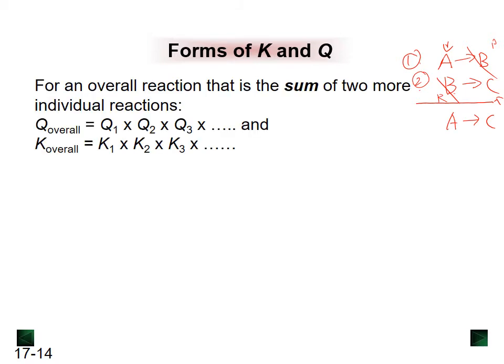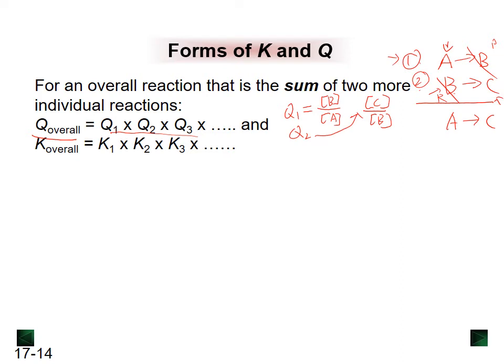For this kind of overall reaction, the reaction quotient should be the multiplication of the individual reaction quotients. For example, Q1 for the first reaction is product B divided by A. In the second reaction, the reaction quotient is the product C divided by B, since B is the reactant and C is the product.